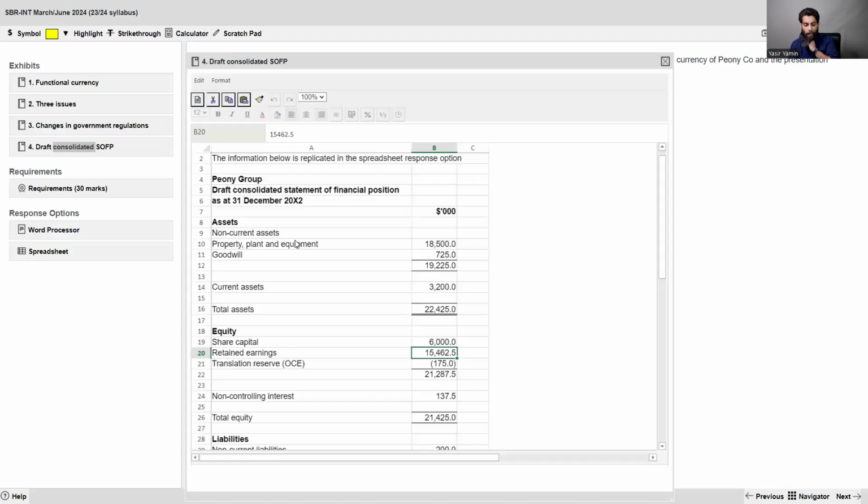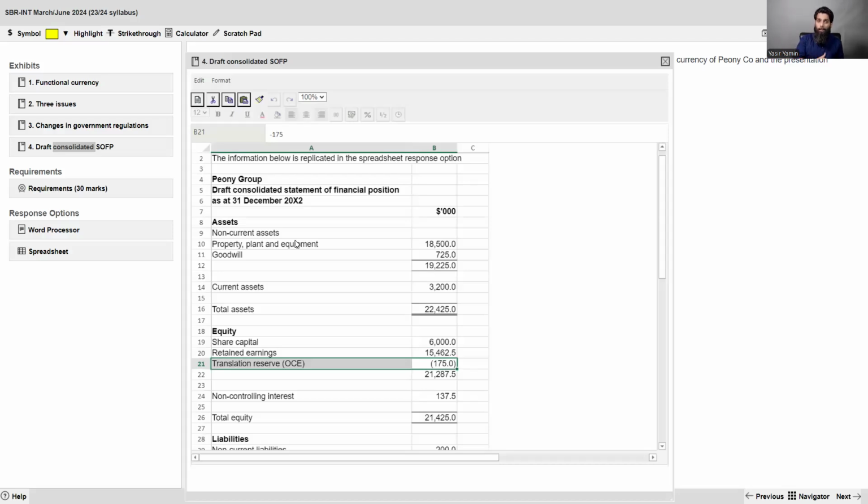Then there is translation reserve, other components of equity. We heard about translation reserve earlier as well during our lectures on foreign subsidiary. It seems that translation reserve has already been calculated by the examiners, so we must be responsible for doing something else.